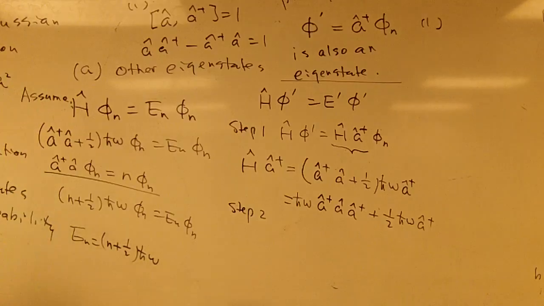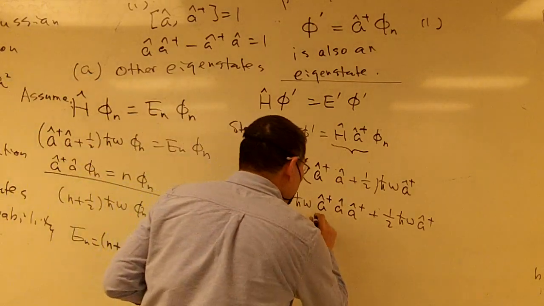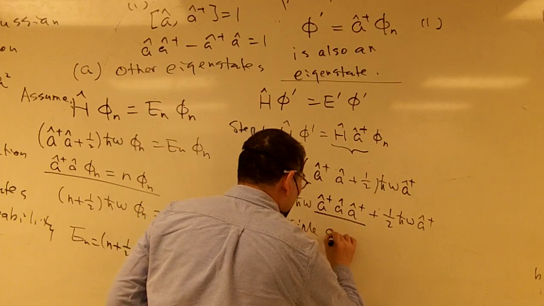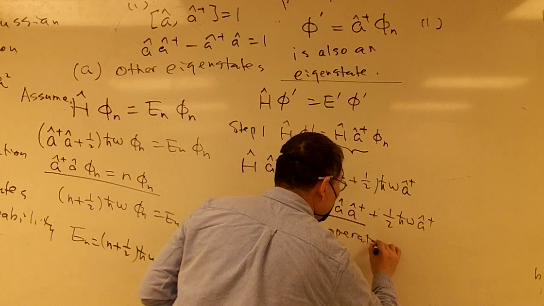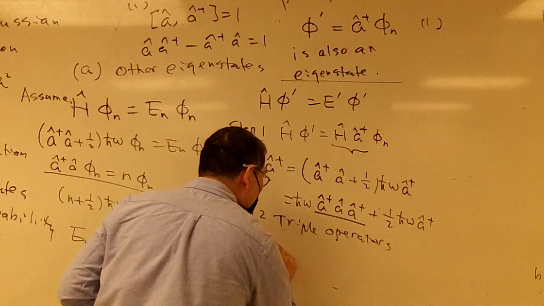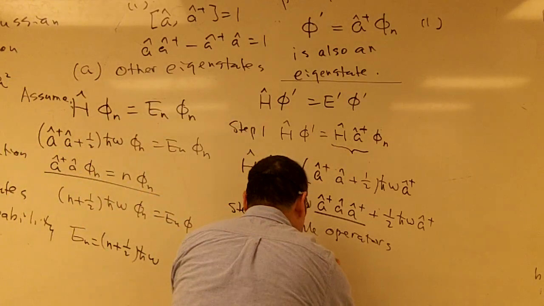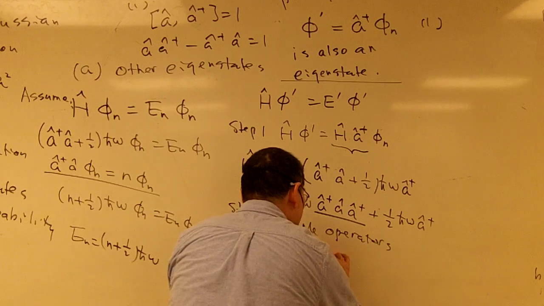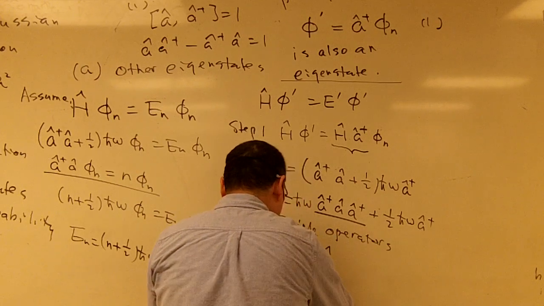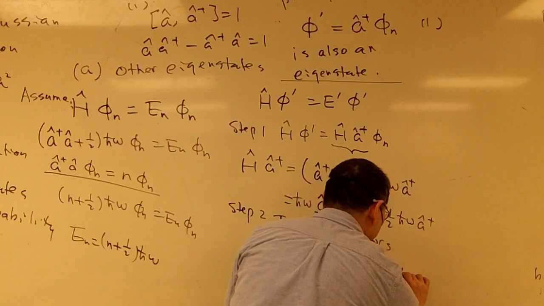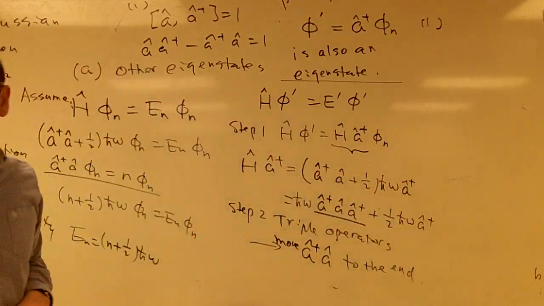Now the second strategy, and there's no exception whatsoever. Step number 2: these triple operators, we will convert these triple operators. Our job is to move a dagger a hat to the end. I'll explain what this means.